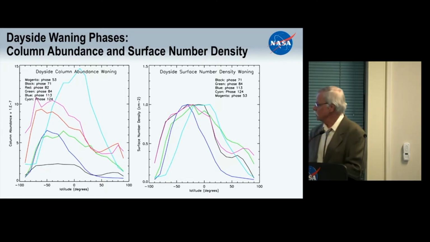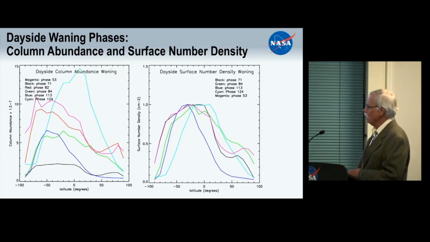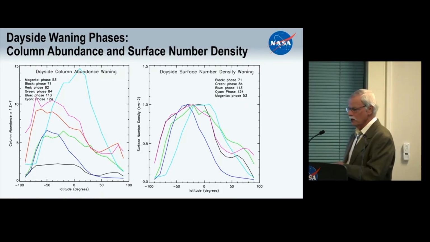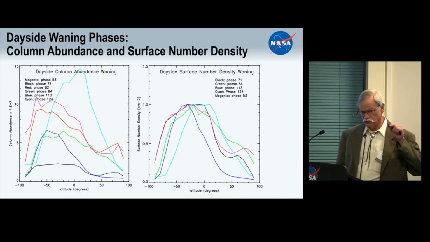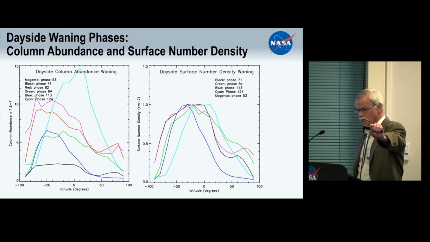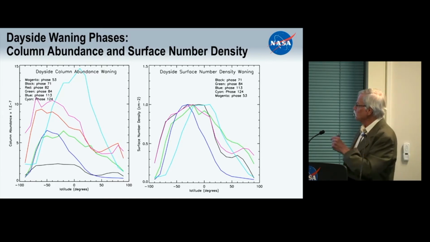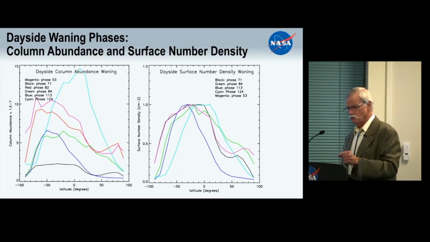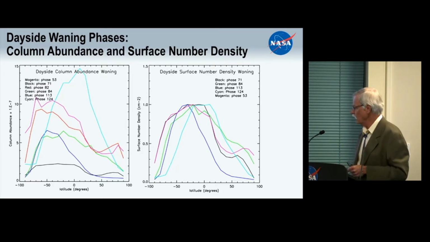And that surprised us. In other words, there's more sodium typically in the south and less in the north. And that shows up both in the column abundance. Remember, column abundance is just you look right along the line of sight and add up all the sodium. And number density is a derived number because you're putting in a scale height.